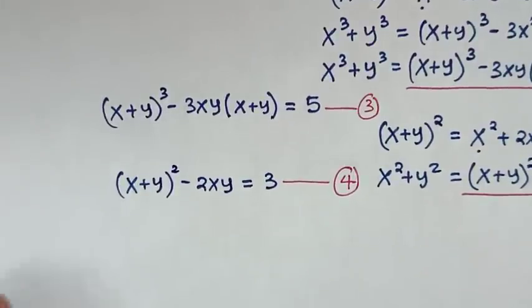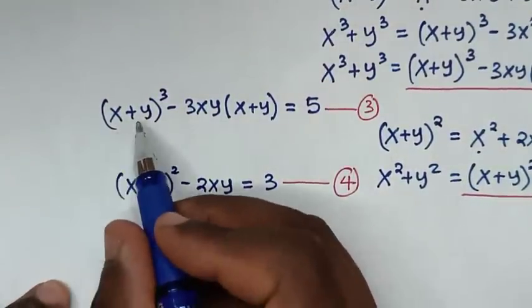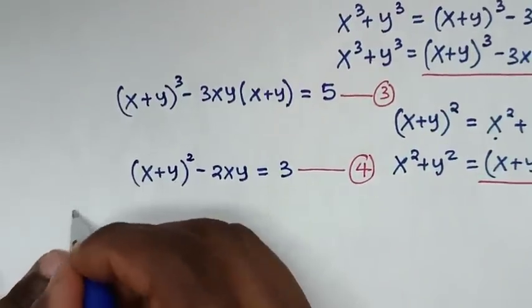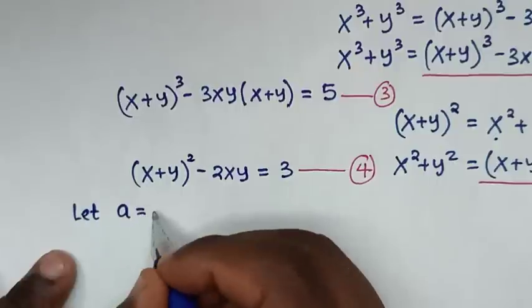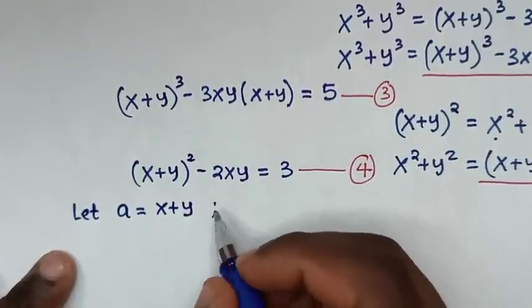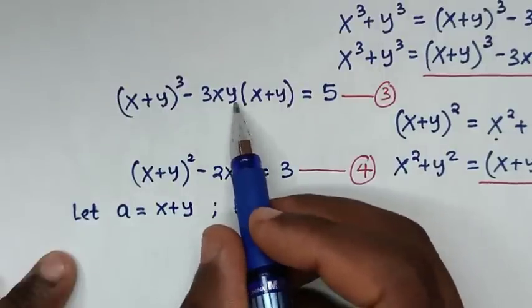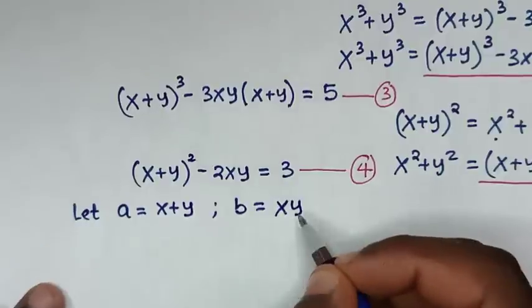Then in the next step, from equations 3 and 4, we can see x + y repeated, so we let a = x + y, and we also see xy, so let b = xy.